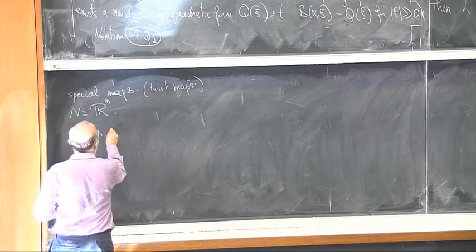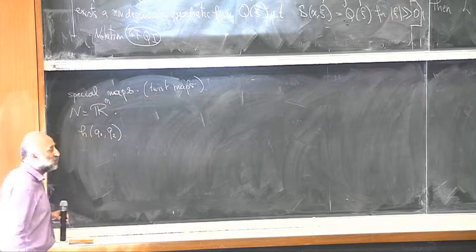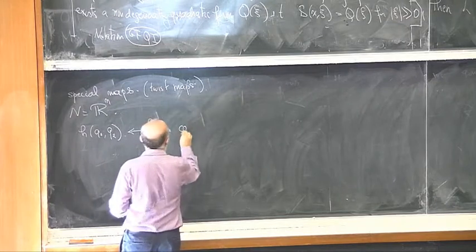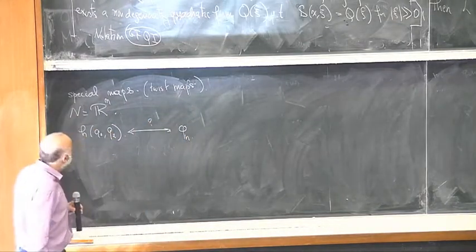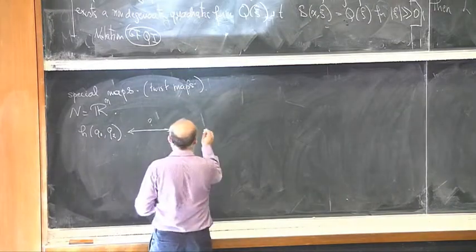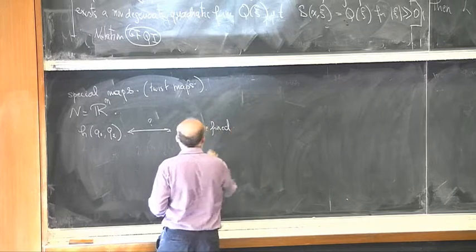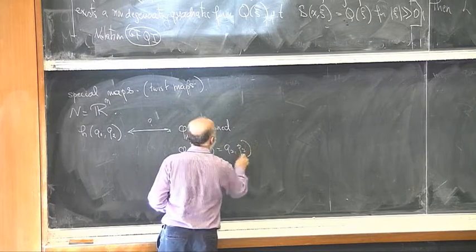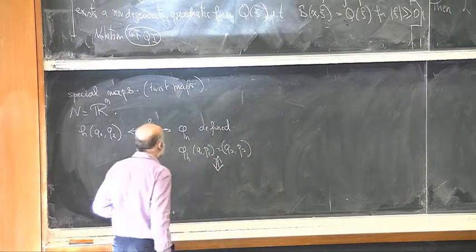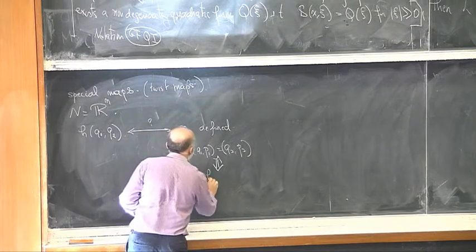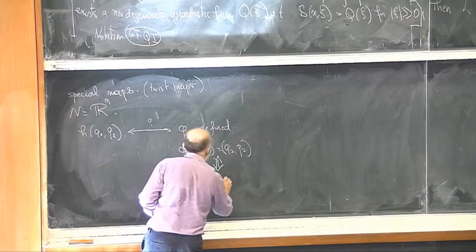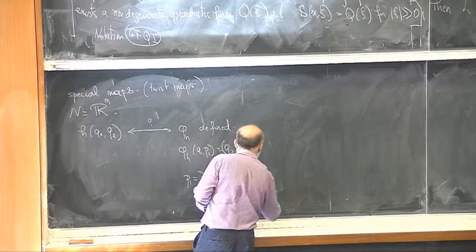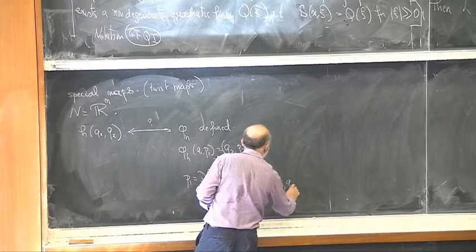Now I'm going to look at a function h of q1 and q2, and to this function, I'm going to associate some symplectic map phi h. And the symplectic map phi h is defined as follows: phi h of (q1, p1) is equal to (q2, p2) if and only if p1 is dh over dq1 of (q1, q2), and p2 is minus dh over dq2 of (q1, q2).